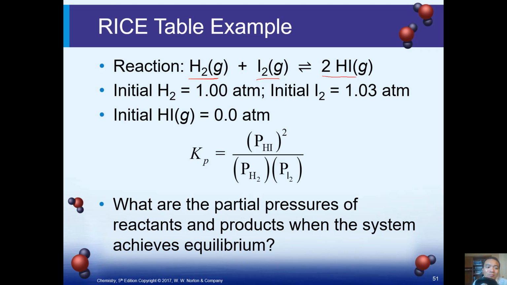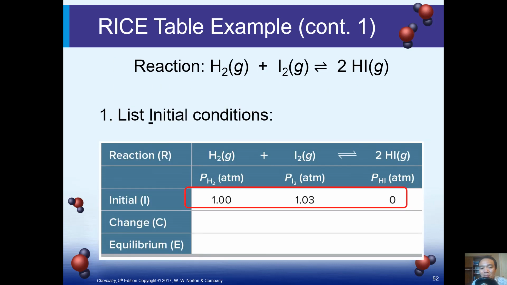So initially you have concentrations like this with no products. So how do you set up the RICE table or ICE table? Let me write this down. This is the initial concentration or partial pressure. In this case, it's partial pressure. That's the initial concentration as provided.